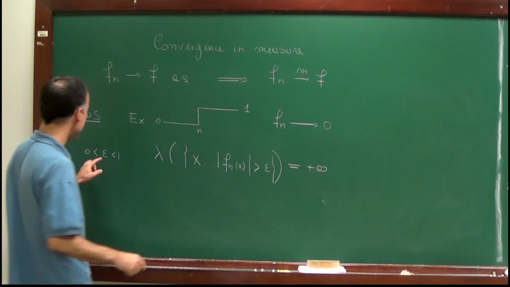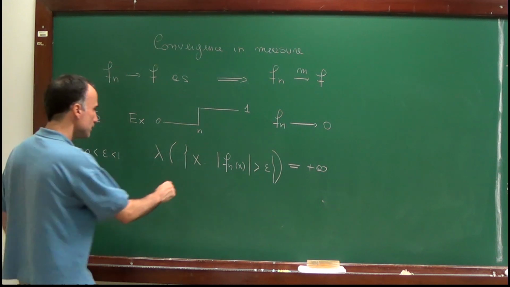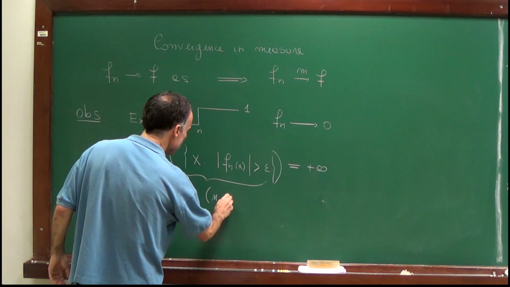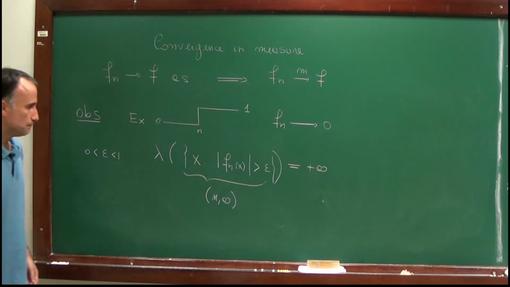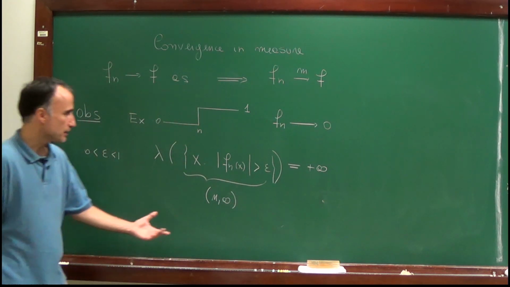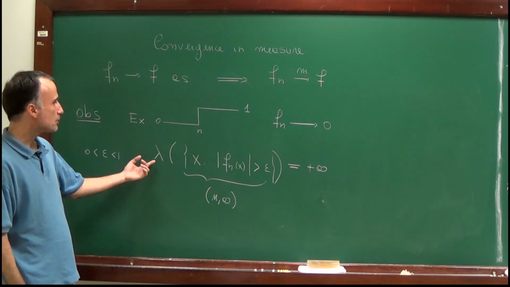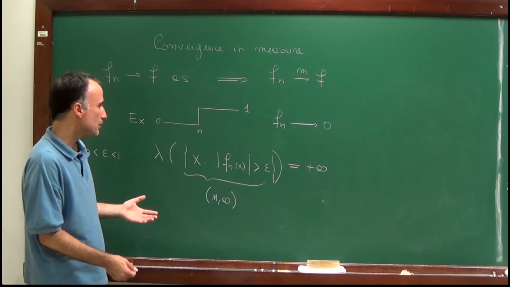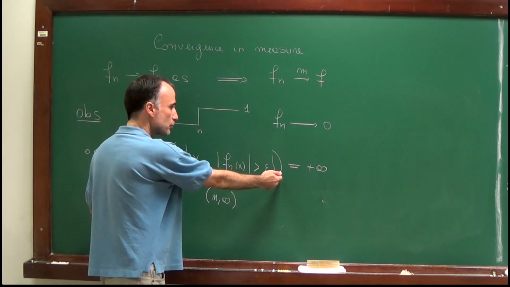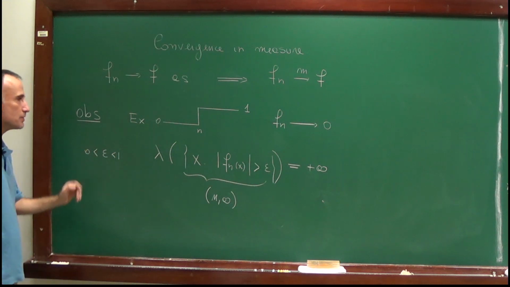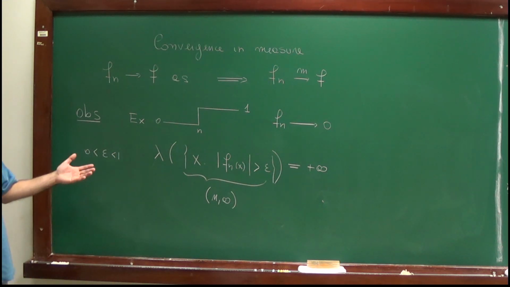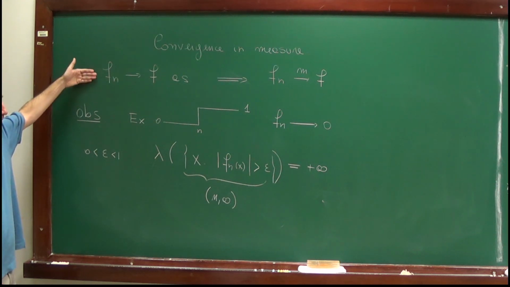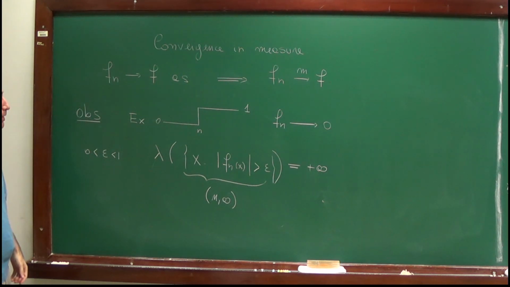Because this set corresponds to the set from n to infinity. And therefore, the measure of this set is plus infinity. So it's not true that f_n is converging to 0 in measure, because this sequence is not converging to 0 for epsilon between 0 and 1. So this statement, as it is written, is not true.